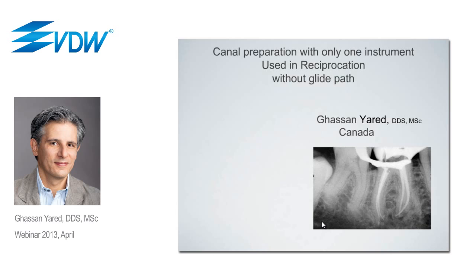So in this technique that I'm going to present today, we will use one instrument in reciprocation in the majority of the canals, without a glide path, and even without prior usage of a hand file.